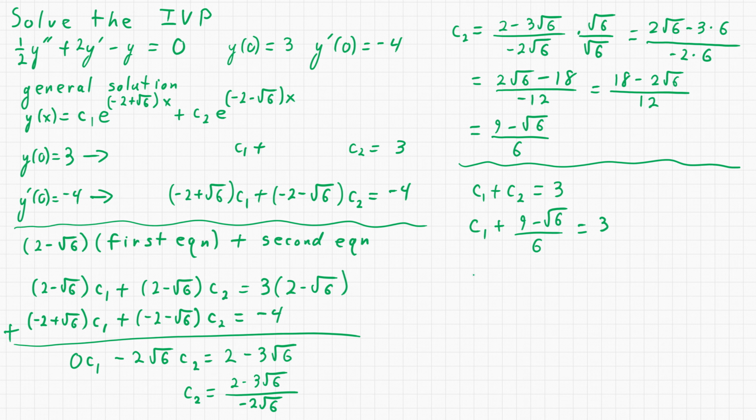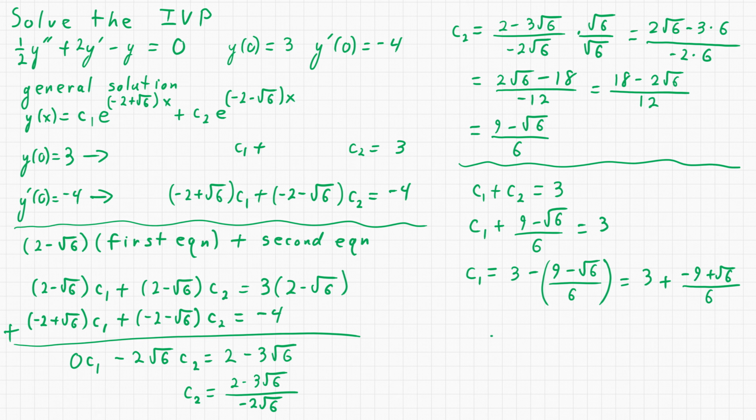All right, well, let's see. So C1 is equal to 3 minus 9 minus square root of 6 over 6, and I have to put that in parentheses just to keep the minuses straight. Okay, I'll change the minuses here, so that's going to be 3 plus negative 9 plus square root of 6 over 6.